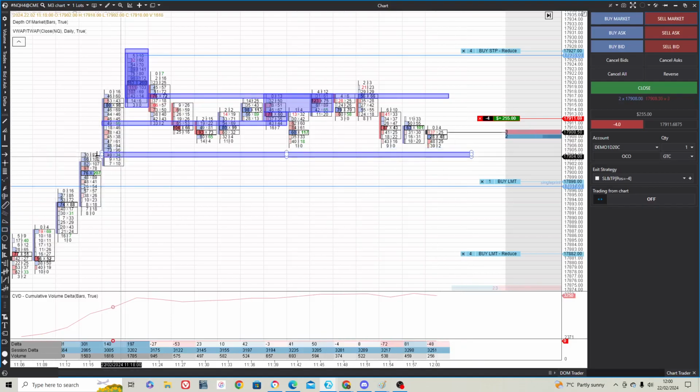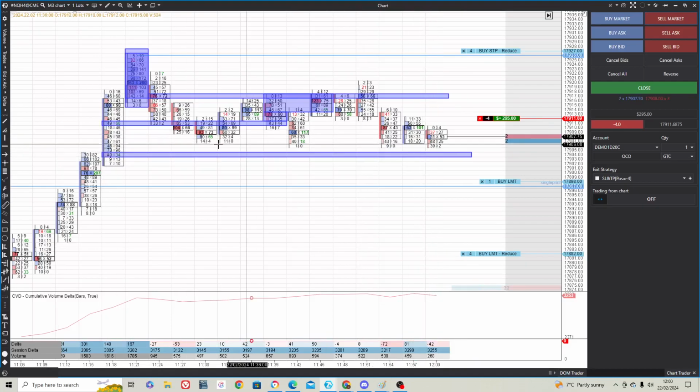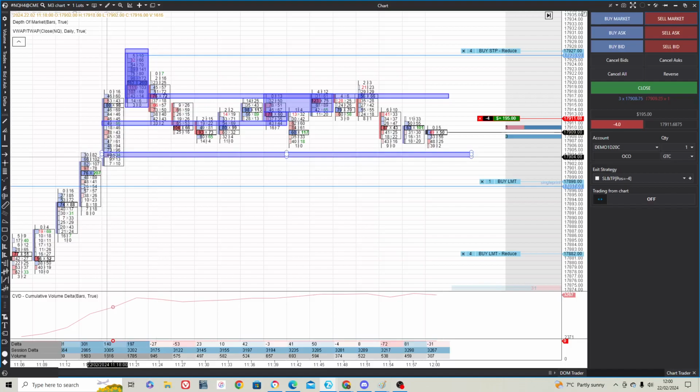Interesting. Imbalance. Kind of a support level around here. You can see it's struggling to break through it. Probably this imbalance.